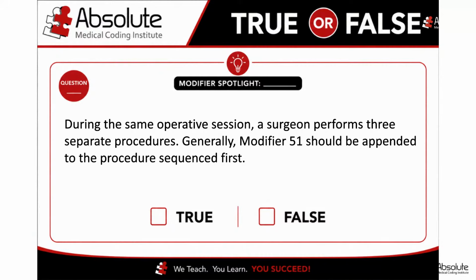Great job. All right, here's the next one. During the same operative session, a surgeon performs 3 separate procedures. Generally, modifier 51 should be appended to the procedure sequenced first, true or false?